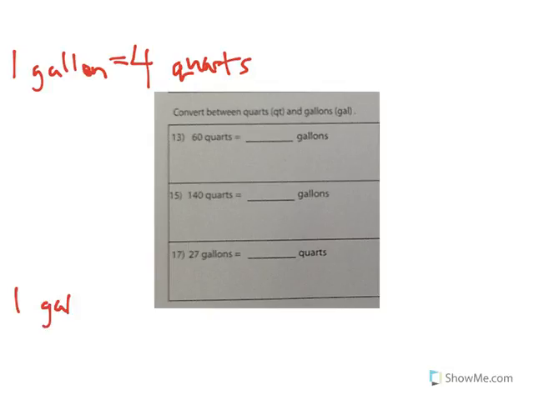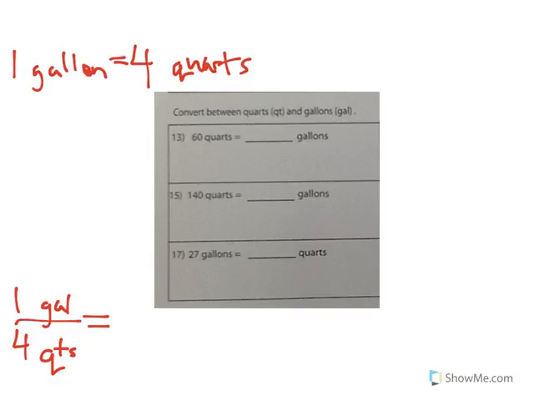One more here. Here we're converting quarts to gallons. Again, you'd need the conversion, which is 1 gallon is equal to 4 quarts. When I write it out, I'm just going to write 1 gal for gallon and qt for quarts, the common abbreviations.